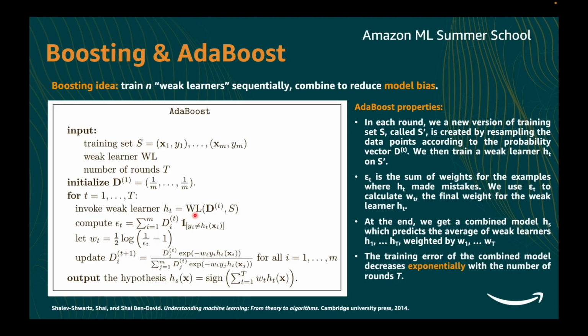It has very low training error. That's the real beauty of Adaboost. It's got a lot of very nice theoretical properties, and the inventors of this algorithm, Robert Schapire and Yoav Freund, both won several awards for this algorithm.